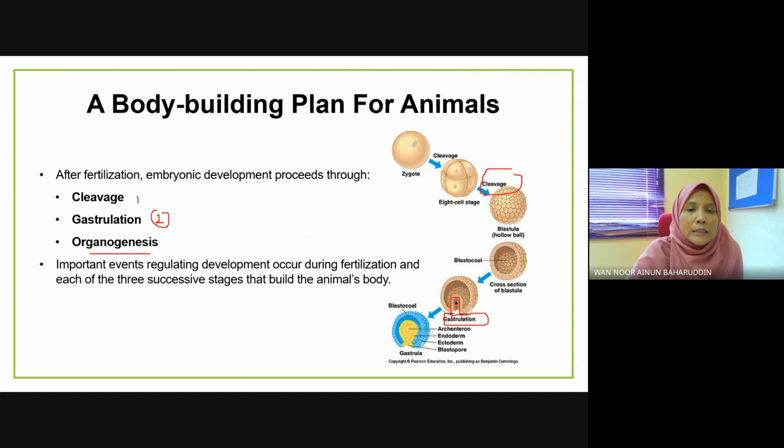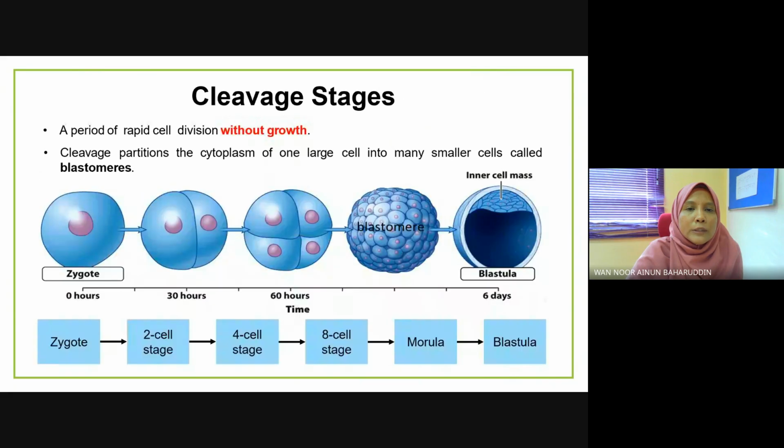All of these layers become organs. So these are very important events that regulate the development occurring after fertilization, and 3 successive stages that build the animal body.